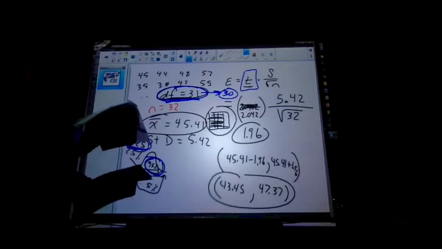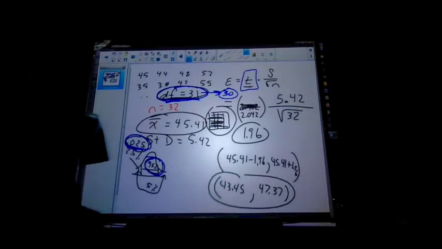I'm looking for a little piece of data out here. And that's what I use. I go to 30, go to 0.025, and I find 2.042. And so that's my z-score, but I'm making it a t-score because there are certain parameters that are taking place, that we're using degrees of freedom. Okay? Perfect. All right. Can I move to the last problem?